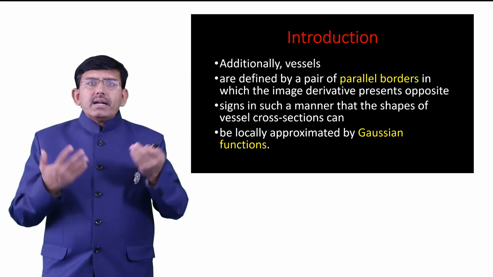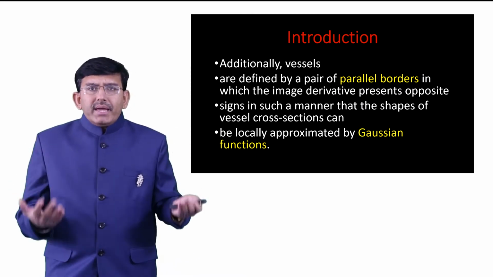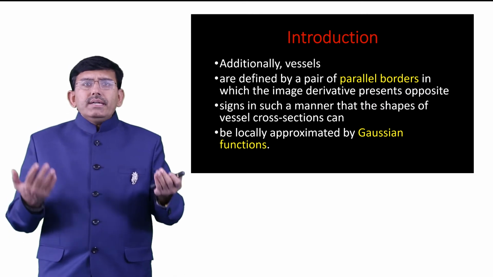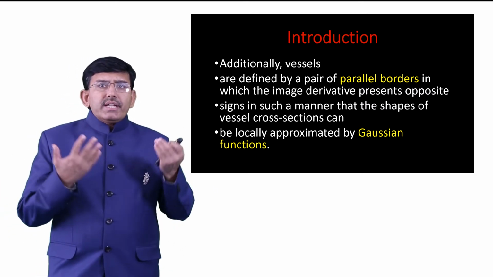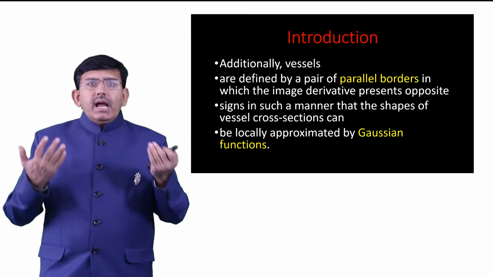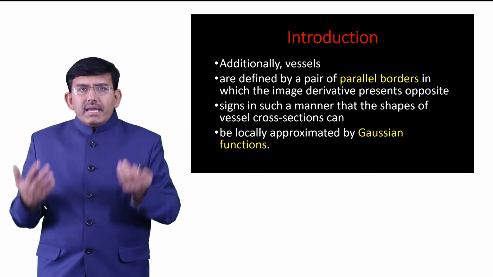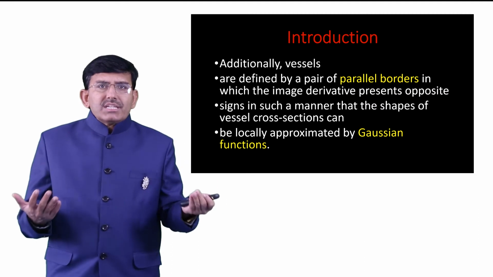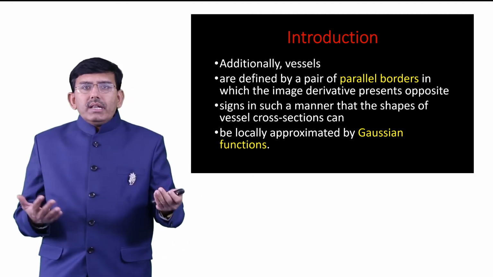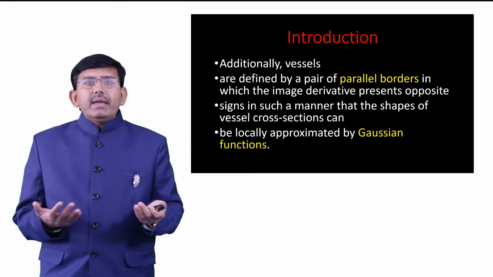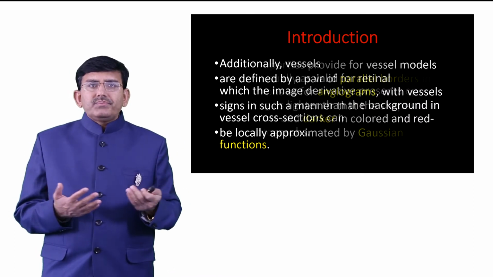Additionally, vessels are defined by a pair of parallel borders in which the image derivative presents opposite sign, in such a manner that the shape of the vessel cross-section can be locally approximated by Gaussian functions.